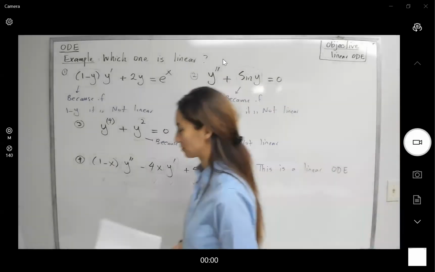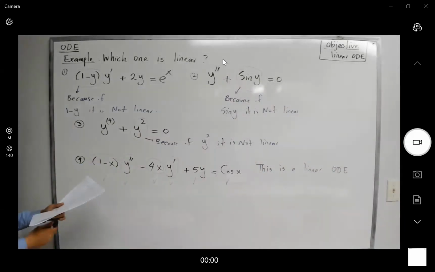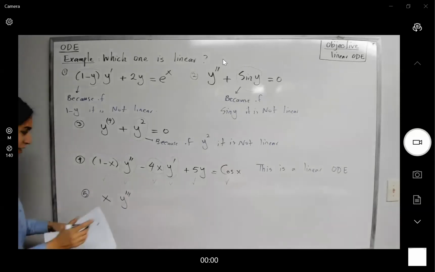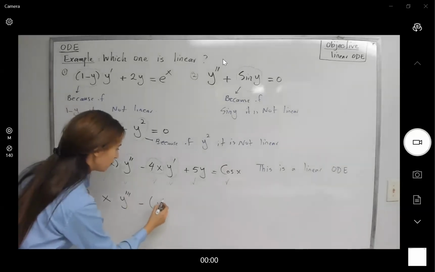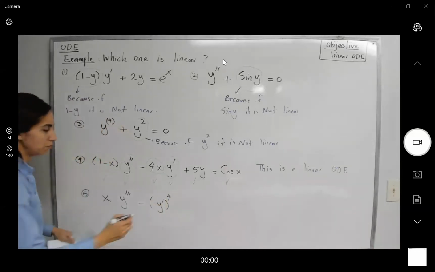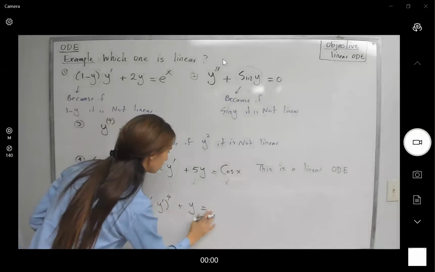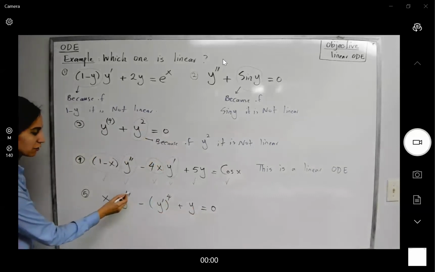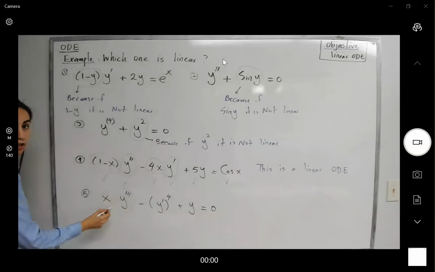Number 5, the last example here, says we have x times the third derivative of y minus the first derivative of y raised to the fourth plus y equal to 0. Let's see what we have here. We have a derivative of y multiplied by an expression in terms of x.